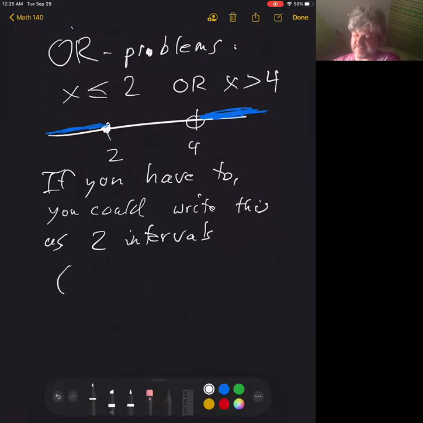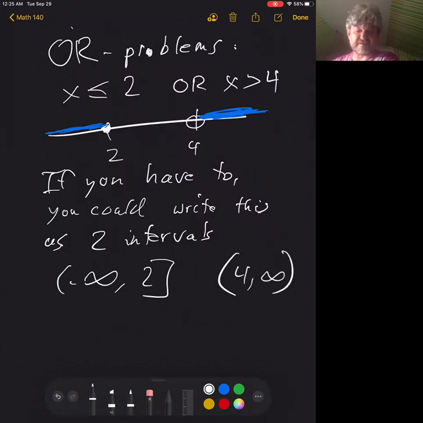And the one is negative infinity to 2, endpoint included. And the other one is, leave a space here, parentheses open, 4 to infinity, parentheses closed, endpoints not included.